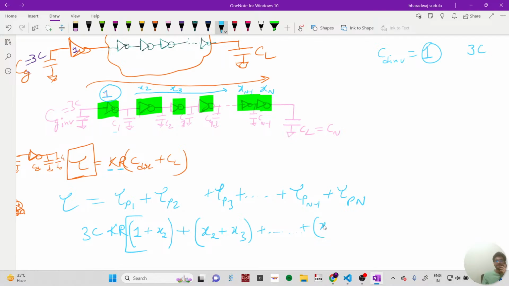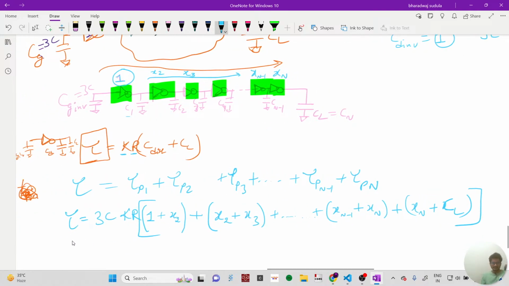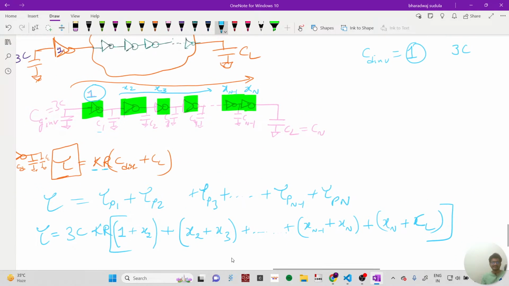So the diffusion will be xn minus 1 plus xn plus xn plus CL, correct? This is the delay including the chain of inverters. It's evident that the RC time delay has increased so significantly.